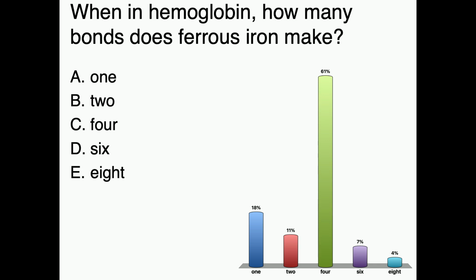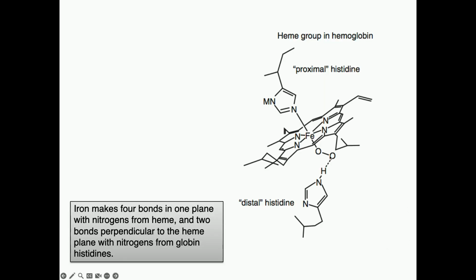Okay, I think the best answer here is 6, and you have to kind of think three-dimensionally. So that iron, remember, is going to be in the center of the heme, that tetrapyrrole ring, and it's going to be stabilized by interacting with 4 nitrogens in that plane of the heme. But then when it's in hemoglobin, it's also going to have something underneath it and on top of it.